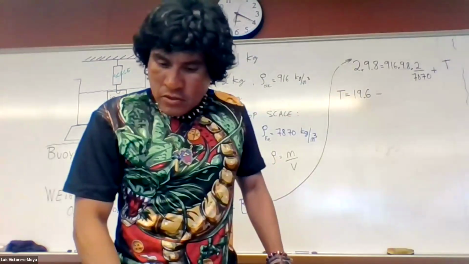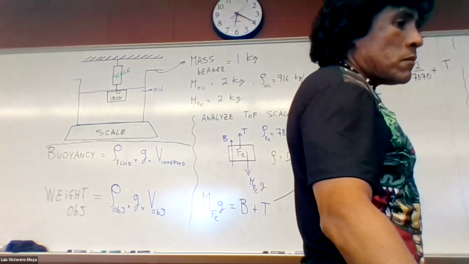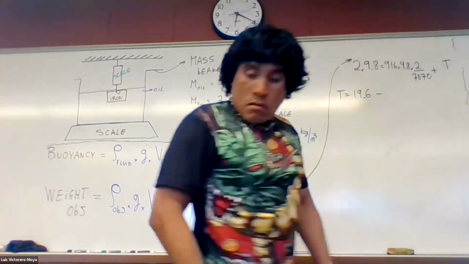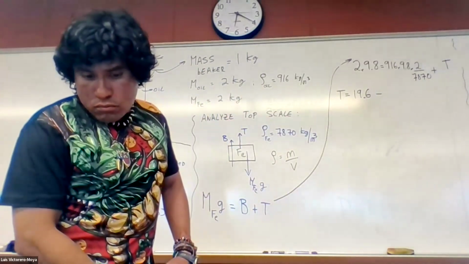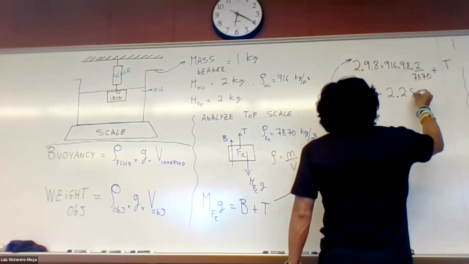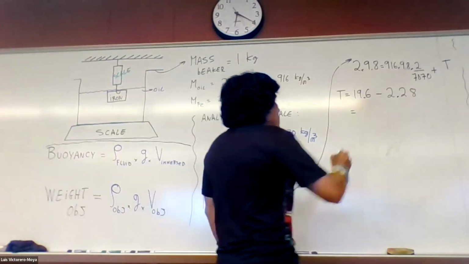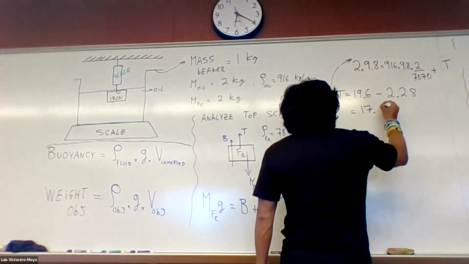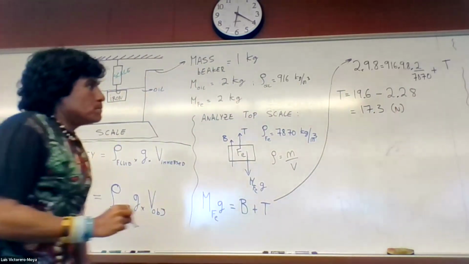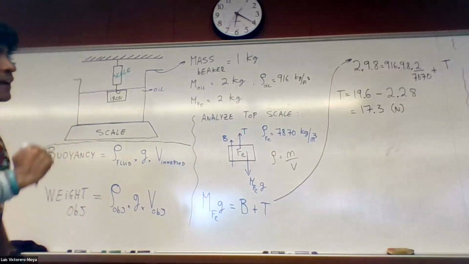Well, I have it here, and let's double check. 916 times 9.8 times 2 divided by 7,870. Yeah, 2.28. So if we round it, we get 17.3 newtons. That's the reading on the top scale. So not 19.6.